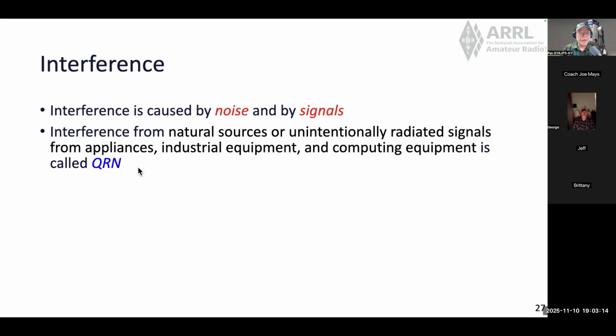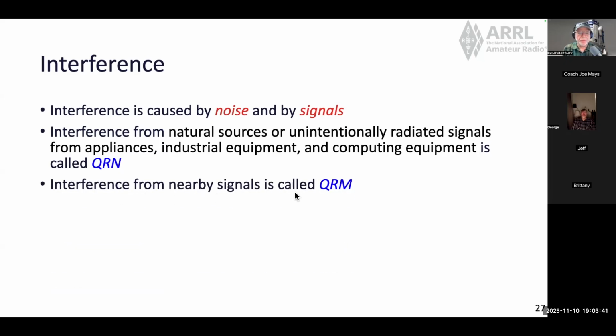That reminds me, if I'm in my home and I'm trying to hunt parks on the air, if the washing machine starts up, even though I've tried to choke the noise out of that thing, I can pick it up on my radio. So that's appliance noise. If your radio is near your computer equipment, it may be picking up noise from your computer. So all that noise is QRN.